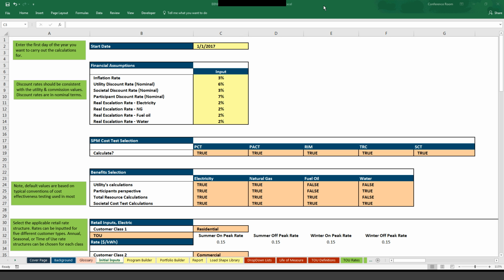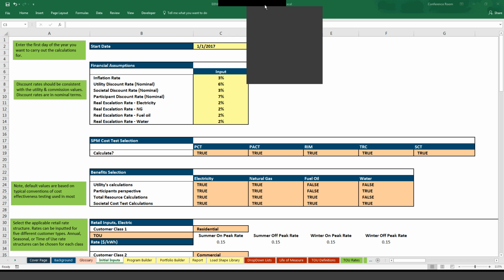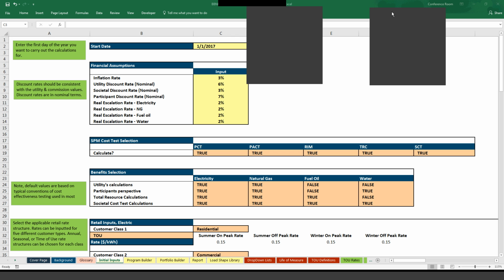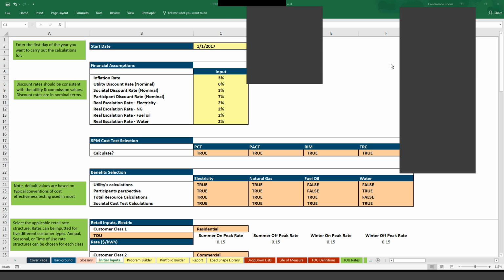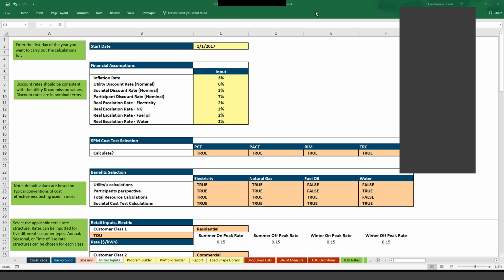The more robust way to do this, in some places, such as in the Northwest, have done an integrated resource planning approach where rather than just assume I'm going to build a power plant and then see what I can offset with efficiency, I do the whole supply and demand portfolio together.